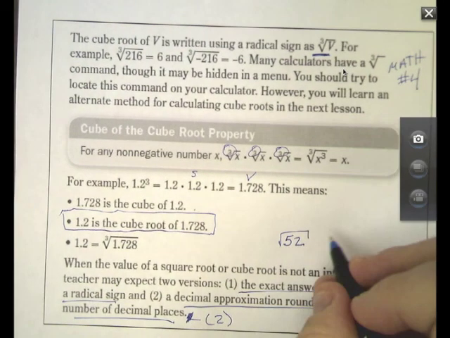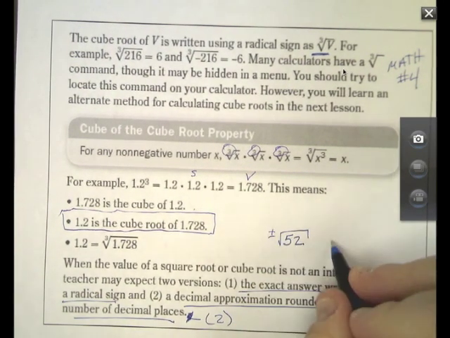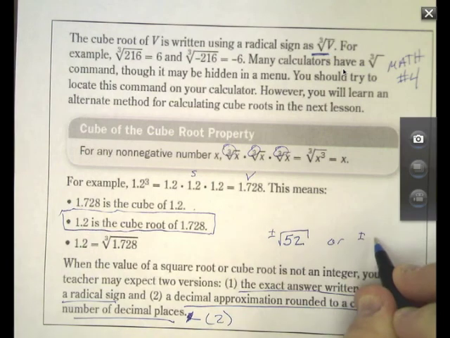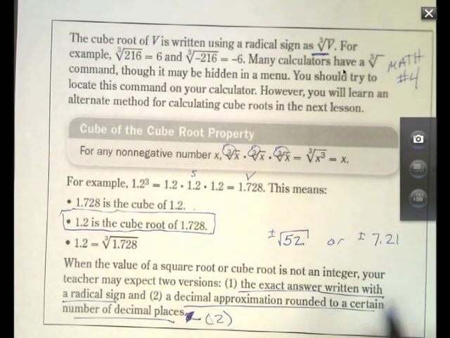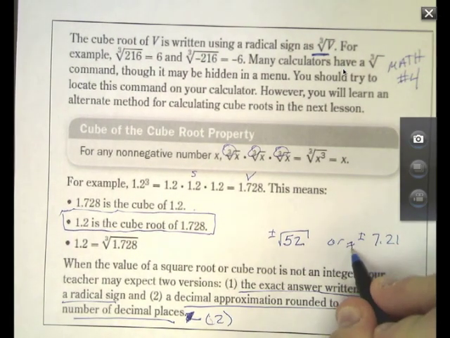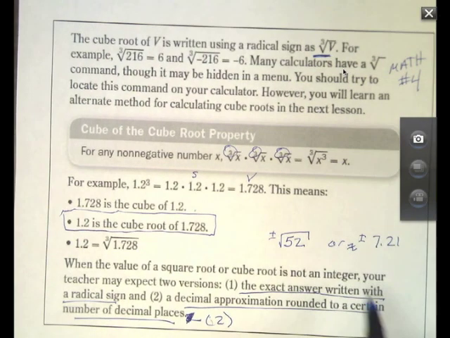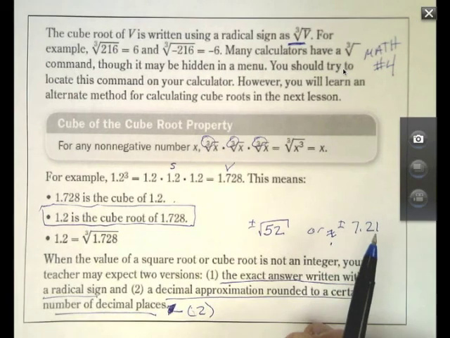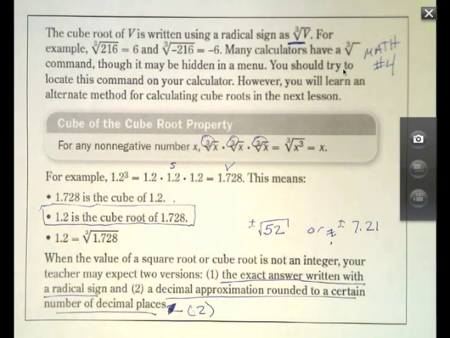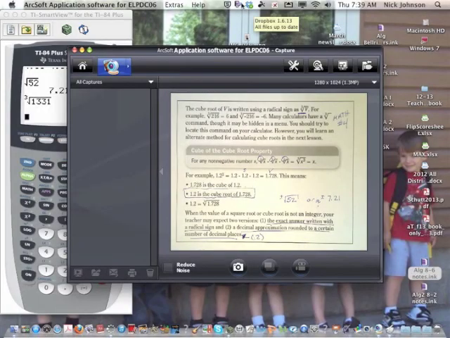So like we did before, the square root of 52, if you remember, was 7.211, and this was plus or minus. So this was plus or minus 7.21. We'd go 1 because Mr. Johnson said 2 decimal places is fine. Now remember, this is just an approximation. That's our symbol for approximation.